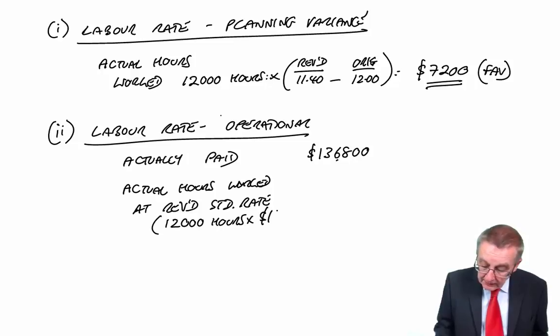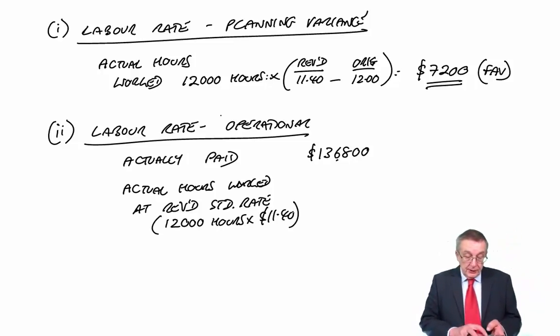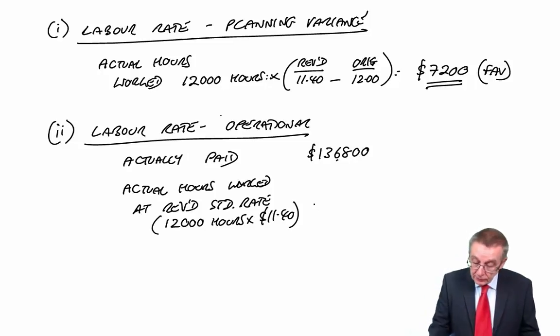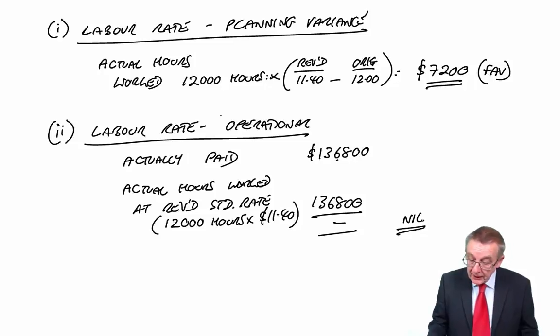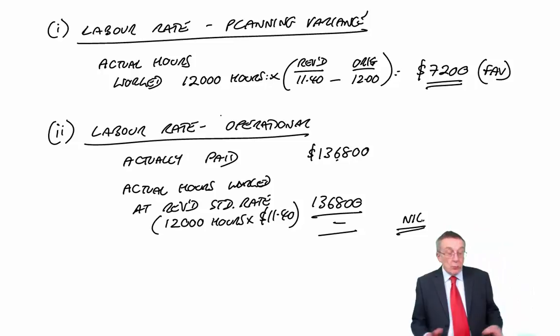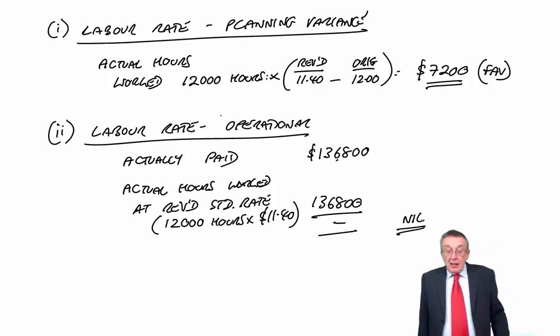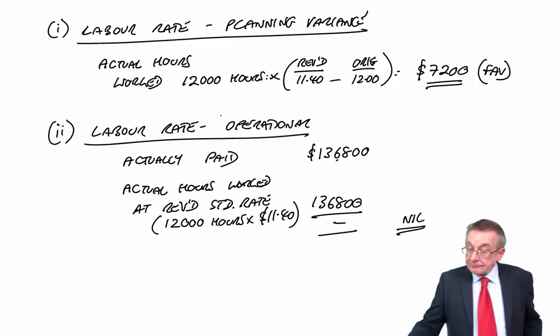We should now be paying $11.40 an hour, and so we should have paid $136,800. And so the operational variance is nil, 0. We paid the right amount.